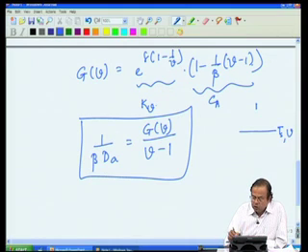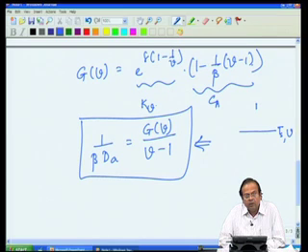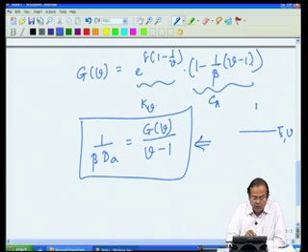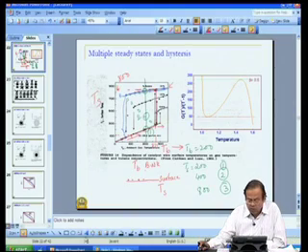So, the solution V, that is the dimensionless temperature, is given by this particular equation. Now let us try to see what happens to this solution. How does temperature change as we change beta and Damkohler number?